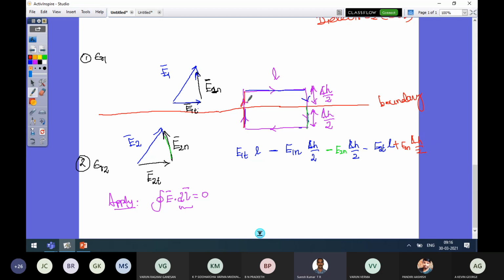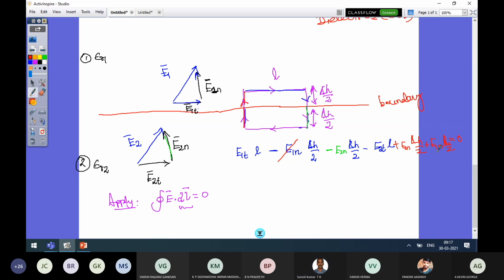Continue with the final segment, E1N, which is parallel with this segment, delta h by 2.